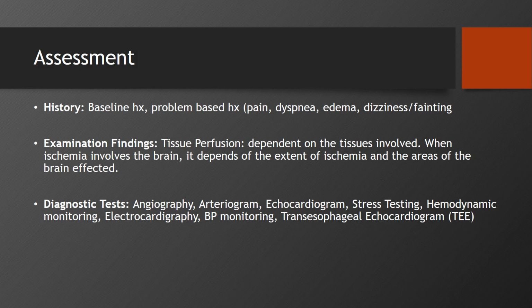Obviously, if it is, for instance, a stroke patient, if they're stroking on the right hemisphere, they're going to be showing all their signs and symptoms on the left side of their body, and vice versa. If they're having issues on the left hemisphere, they're going to be showing all signs and symptoms on the right side of their body. So you'll see those evident examination findings when someone is having issues with perfusion.